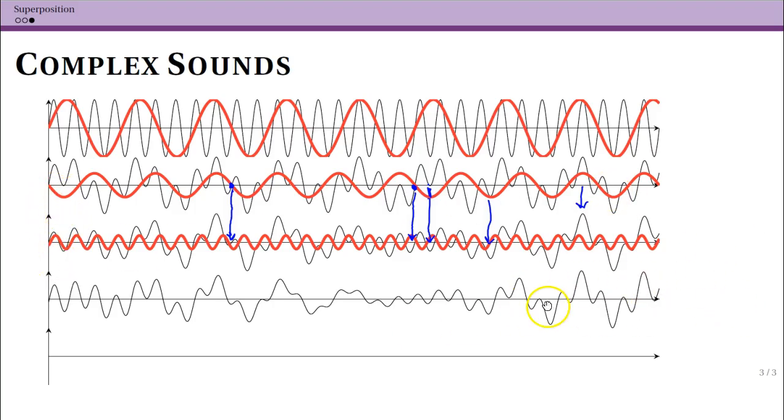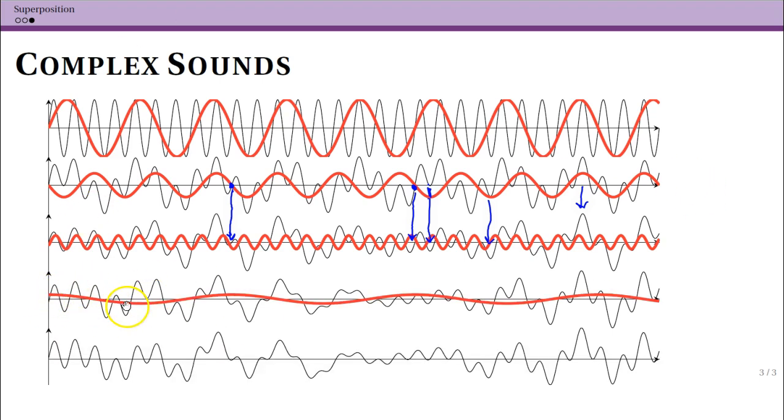Now look at how messy some of this is. Here, my amplitude overall is really small. The wave doesn't get very far away from 0. Here, the amplitude is much bigger. And if you pick any point up here, you can add these together, but you would have to do it for every single point.